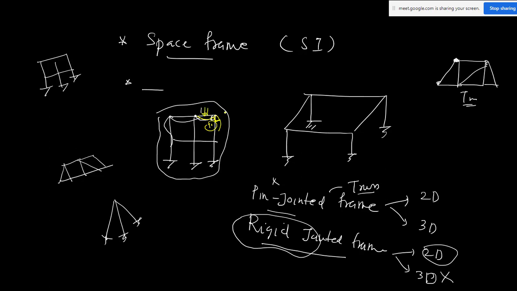That means the moment is transferred from one member to the other member. But that won't happen in the case of a truss. In a simple truss you are finding only the axial force, there is no moment and shear force. The moment will not transfer there. But here at the rigid joints, the moment also will transfer. Okay.